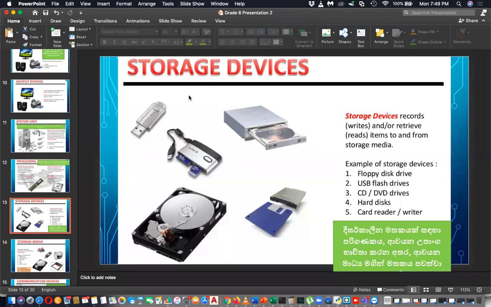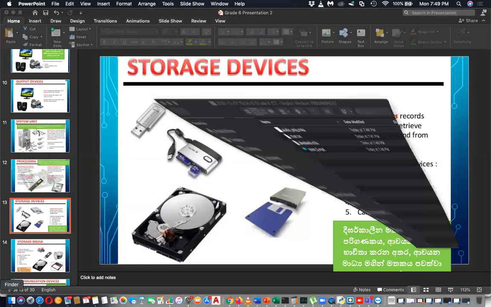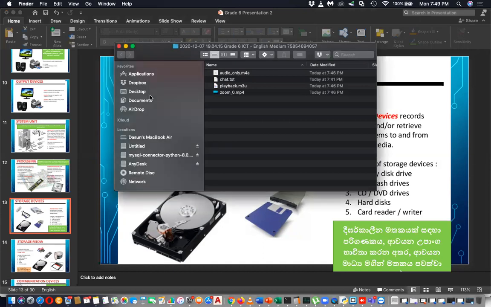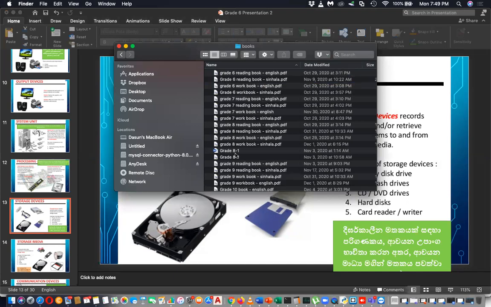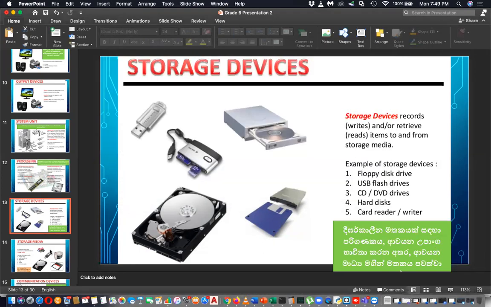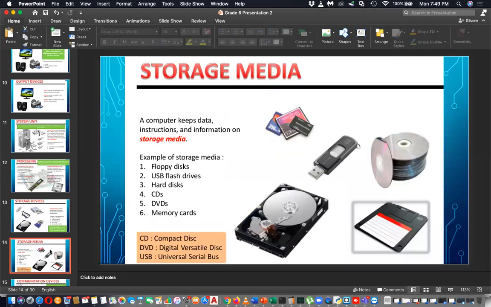Notebook. What's that? Wait, let me go to the book. Books, English medium, no book, sir. Computer slide. You are using slide. Okay. Notebook, this one?